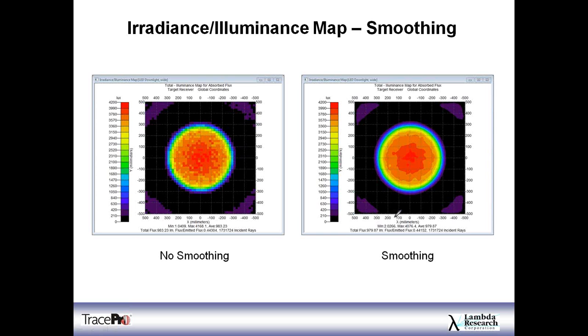The smoothing will affect the readings you get slightly. Here we see a total flux of about 980 lumens. Here it's about 983, and then the max and min values will change slightly because this will report what's actually on this map after it's been smoothed. So just be aware that you could see some slight changes if you apply smoothing, and it could smooth over some detail you're looking for.